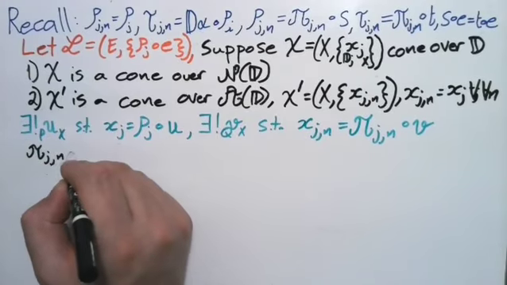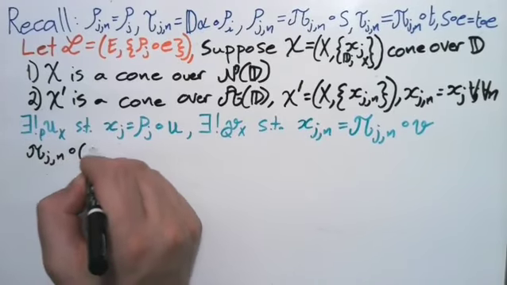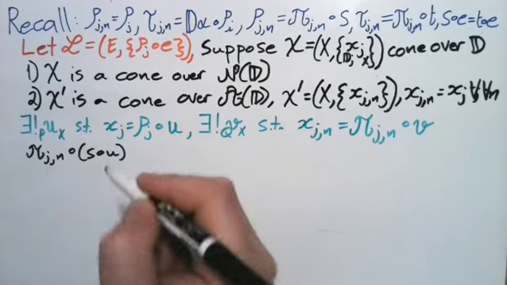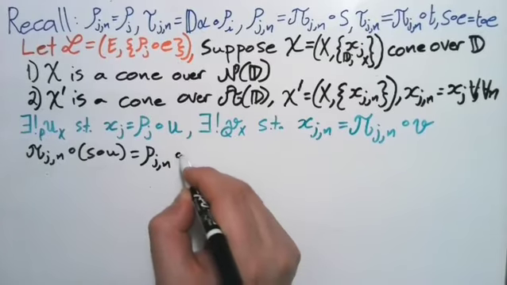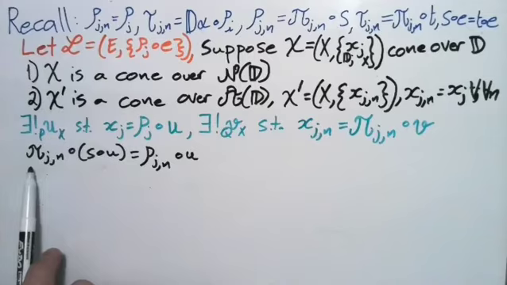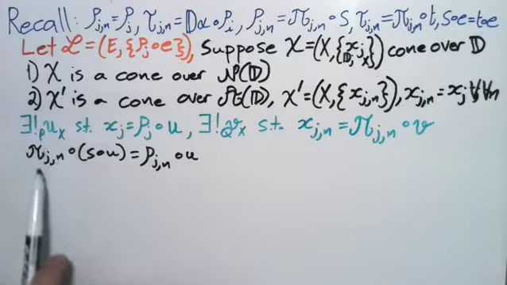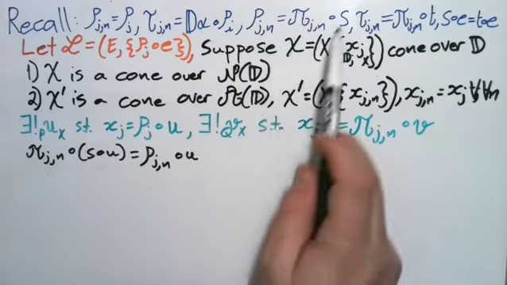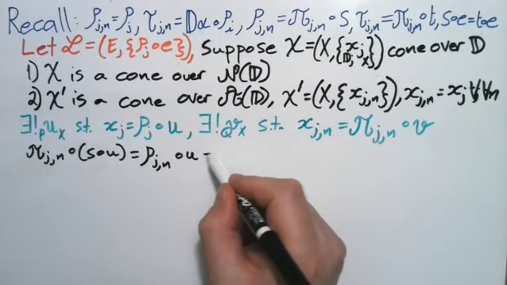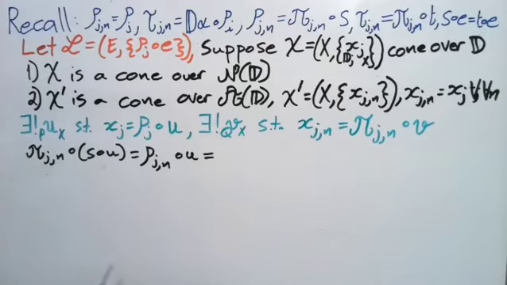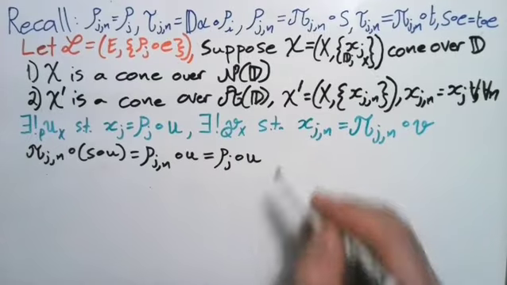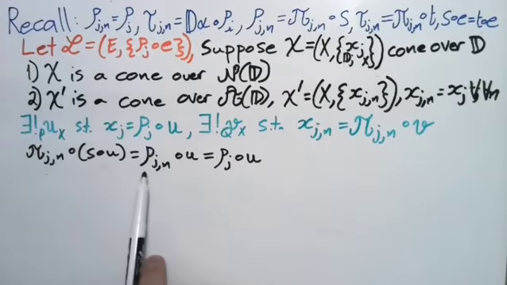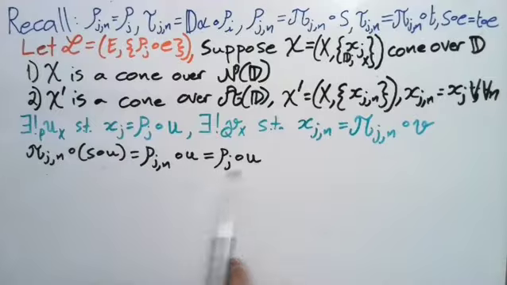Pi jn after s after u is equal to rho jn after u, right? This pi jn after s is equal to rho jn according to this equation. And then we have rho jn is always equal to rho j, and that's after u.